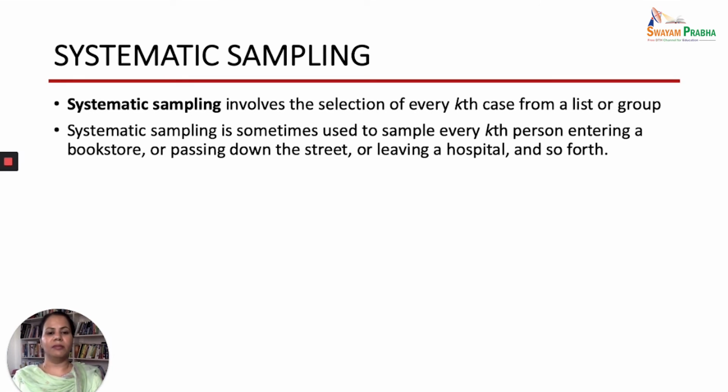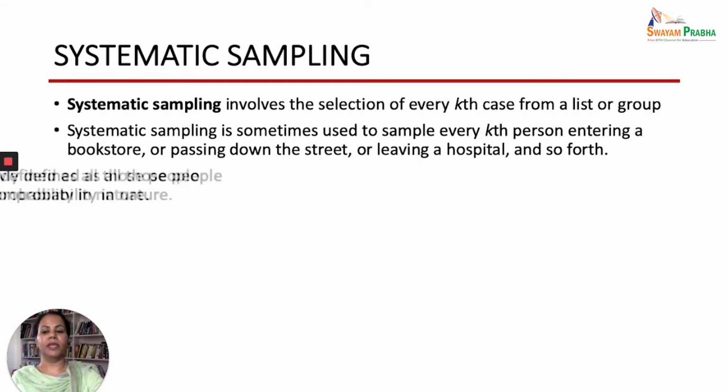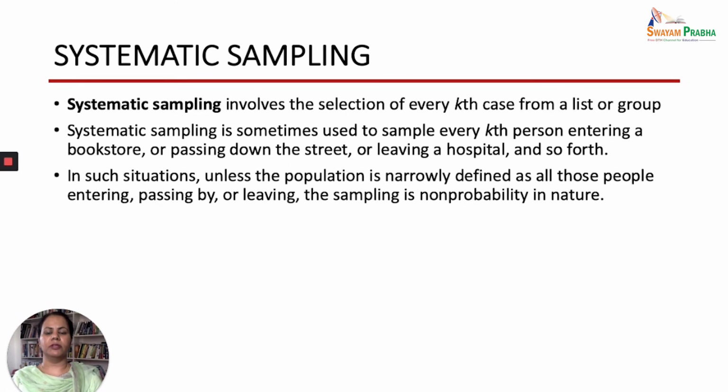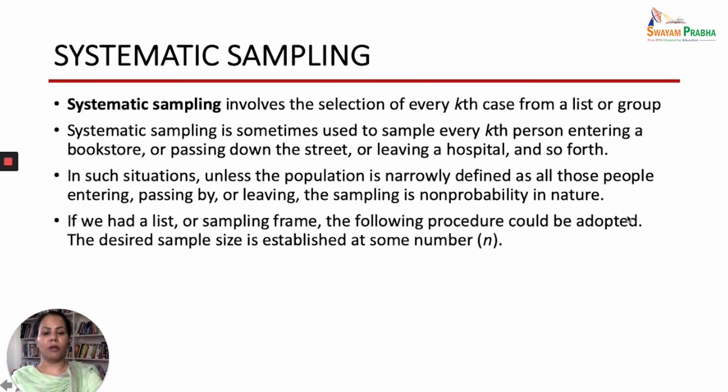For example, if anybody is leaving the hospital, passing down the street, or entering the OPD, then this type of sampling is non-probability sampling. In such a situation, unless the population is narrowly defined as all those people entering, passing by or leaving, the sampling is non-probability. But for probability systematic sampling, if we have a list or a sampling frame, then the following procedure can be adopted.